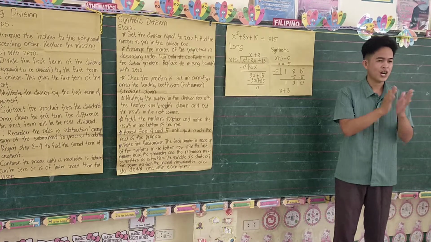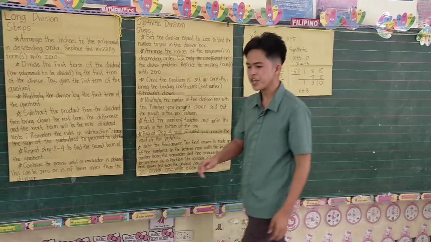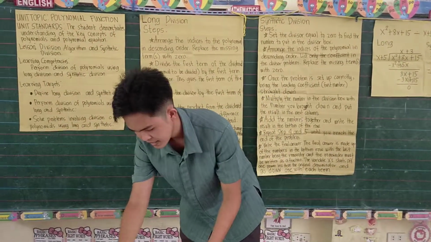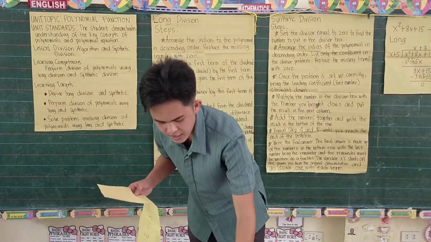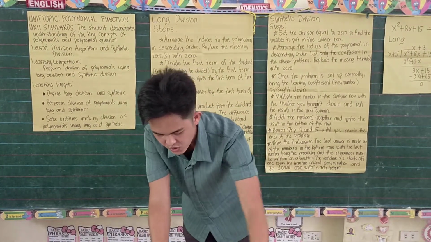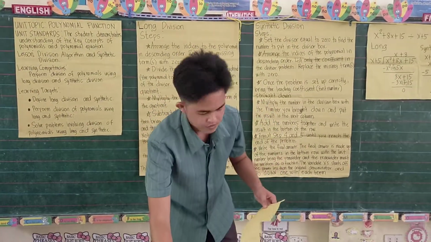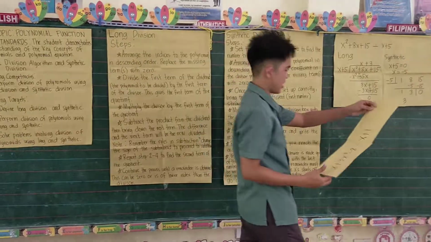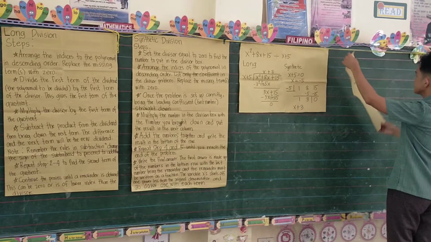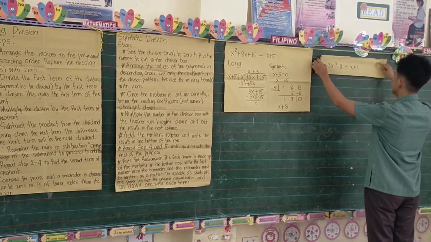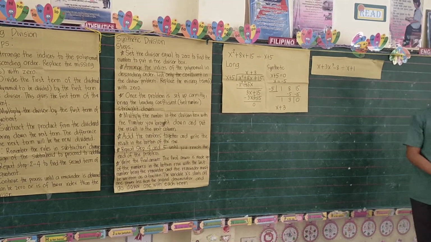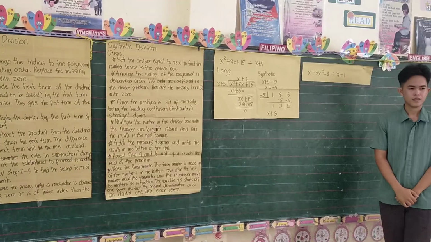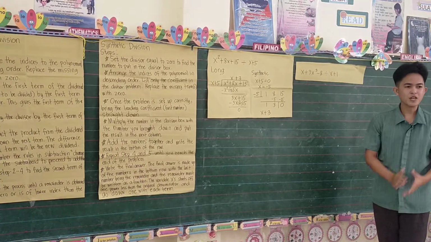Understood? Okay, very good. So I have here an example activity. You need to answer this one right now. Let us check your answer if it is correct. Time's up.